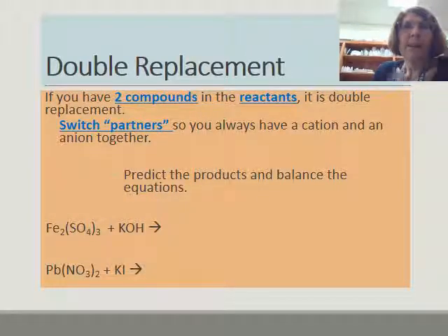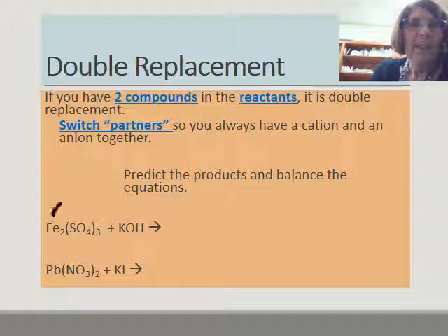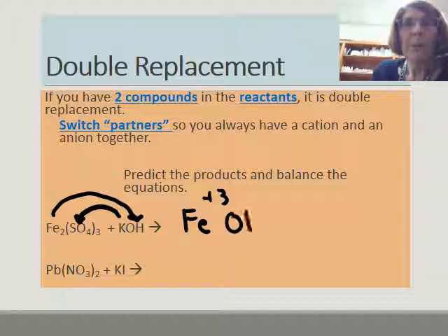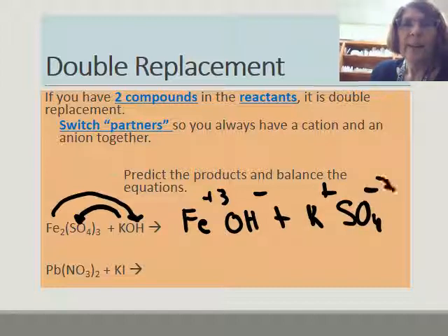Okay, double replacement. When we do double replacement, we're basically going to switch partners. So the plus is going to go with the negative there, and this plus is going to go with that negative there. So we're going to put it together. We don't lose our charges, so that charge of iron is +3. We know that from that compound. We put it with OH negative, plus we have K plus SO4 negative 2.